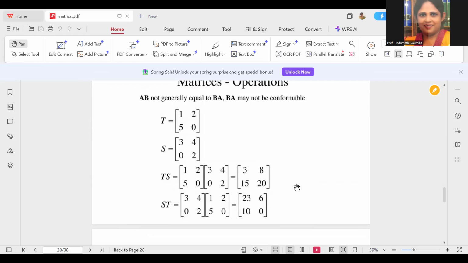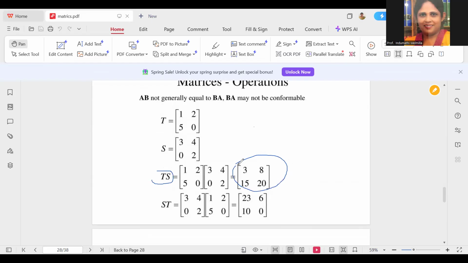That is a very important one. When we multiply these two, T and S, we get this one.